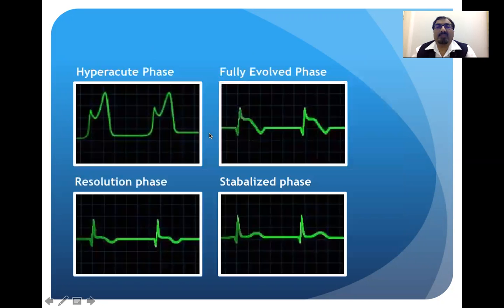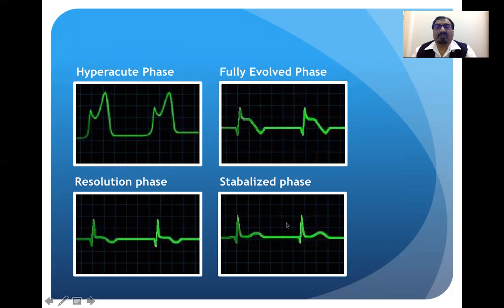The same thing applies to the 4 phases which are normally described. The hyperacute phase, in which you find the tall tented T waves, which I already described to you. Then the fully evolved phase, when the acute MI has set in and ST elevation is still there. Then the resolution phase, when the Q has already appeared and the T is still inverted, and the stabilized phase, when the necrosis has already taken place.